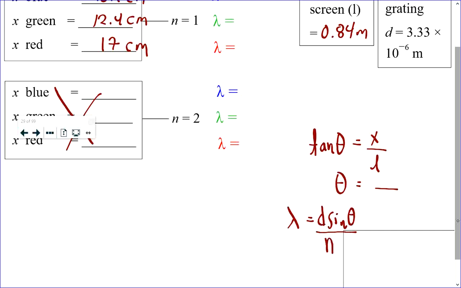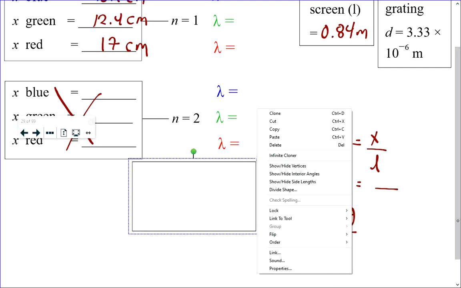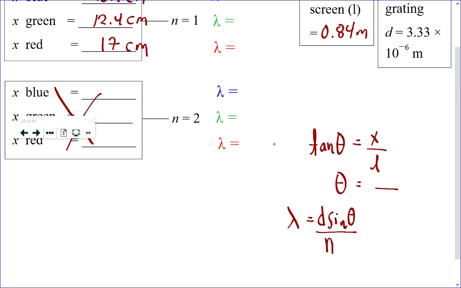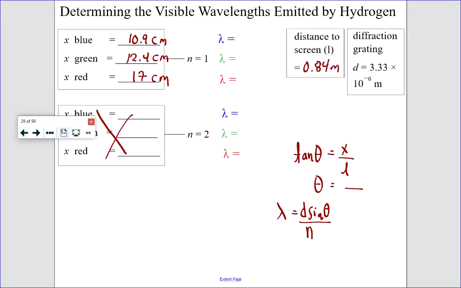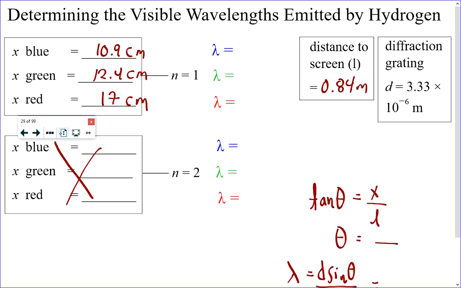We're only doing the n equals 1, so you're going to be using n equals 1. You want to do that to find the wavelength, and the wavelength that you find is going to be obviously different for each of those 3 colors.